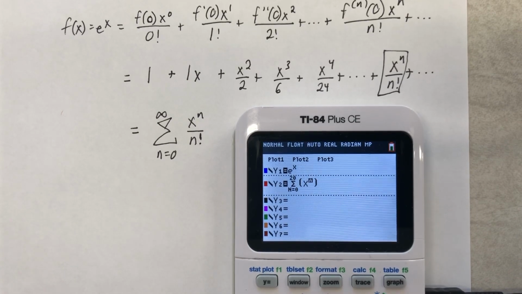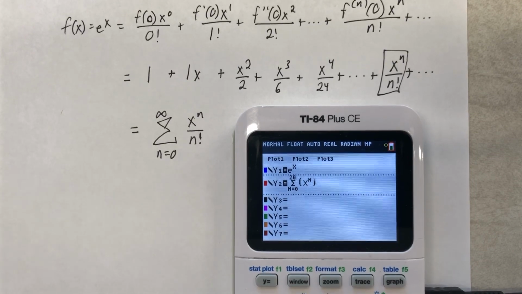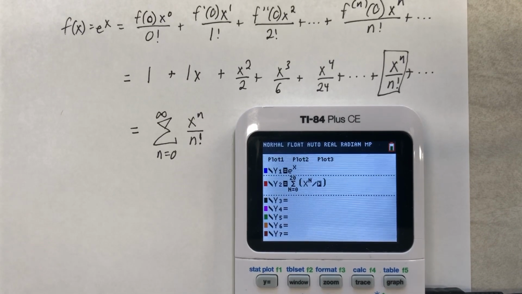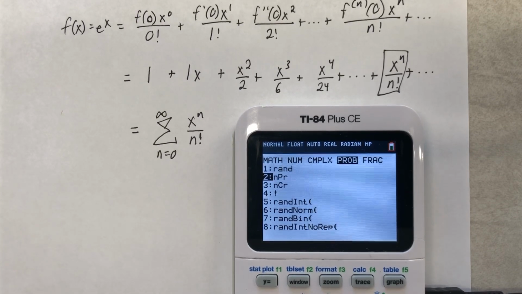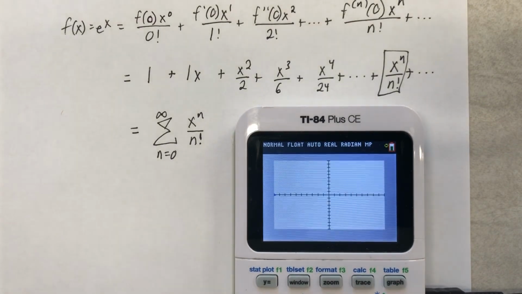X to the n over n factorial. Factorial is, in case you care, under the math menu, go to probability. There it is. There we go. It's going to take it a minute to figure this out, but we're going to graph and just sit there and watch it happen.